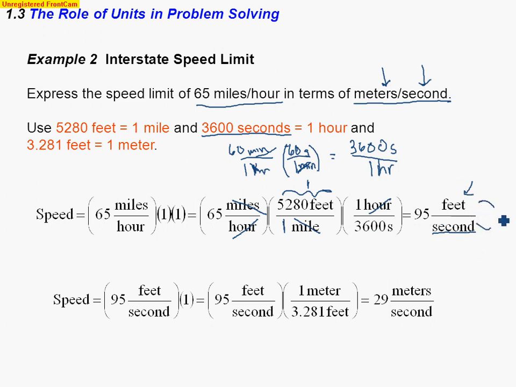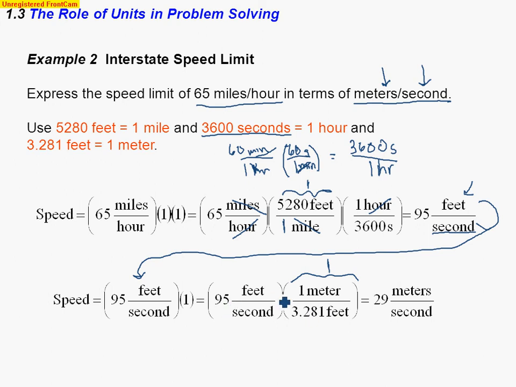Now we're going to take that number down here, and we're going to multiply it by one more conversion factor. So we know that 3.28 feet is equal to 1 meter. So if we write this as a fraction, this is really just 1. So we're just multiplying our answer by 1 again, so we're not changing the actual value.